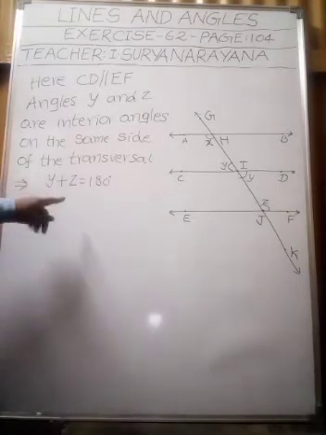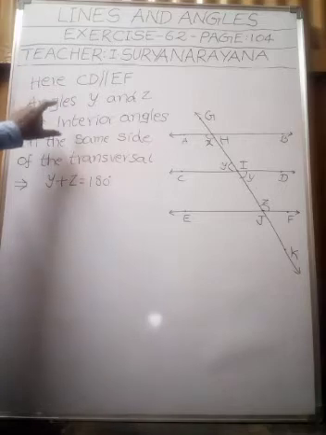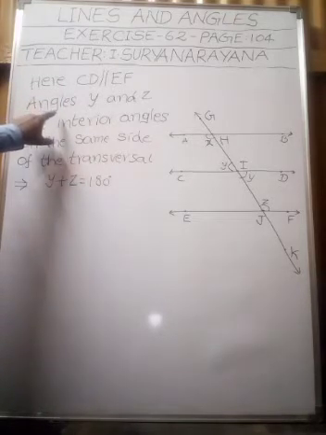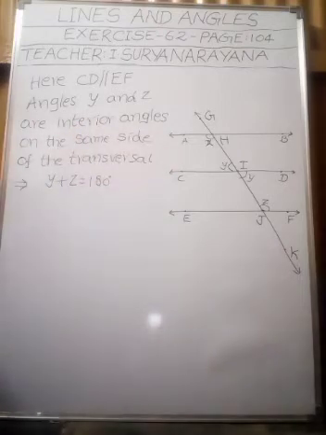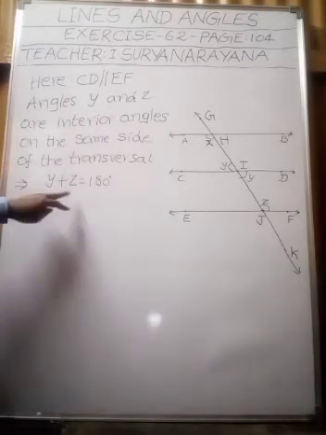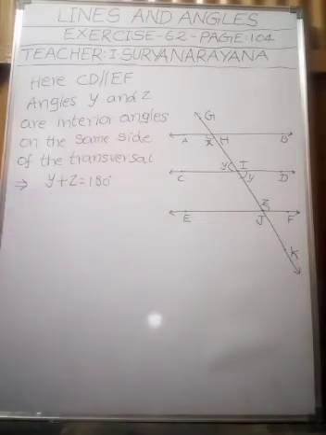Okay, my children, by using that theorem, if the two lines are parallel and interior angles are given on the same side of the transversal, then they are supplementary. So we used that theorem here. Understood this step, my children? Right.